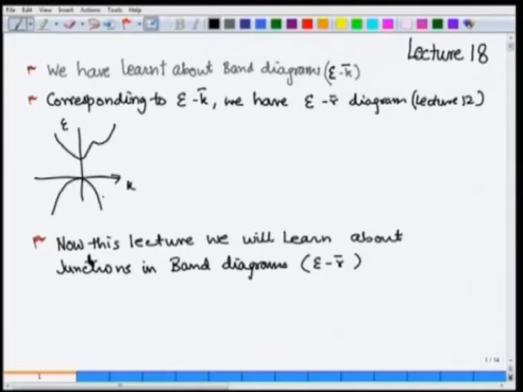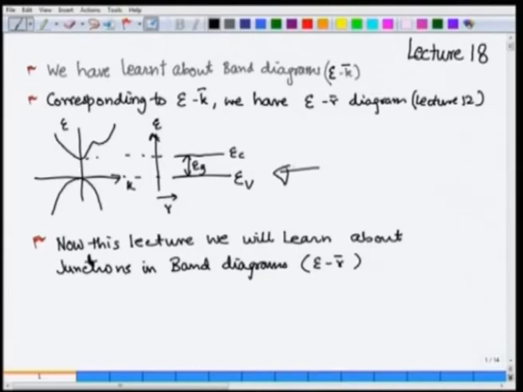So, we could plot another diagram where we could have something like this as another semiconductor, where this axis continues to be the energy axis, but the other axis is a position axis, and this was the EC and this was the EV. This was the EG, which is the band gap in this material, and this is what we had done in lecture number 12.